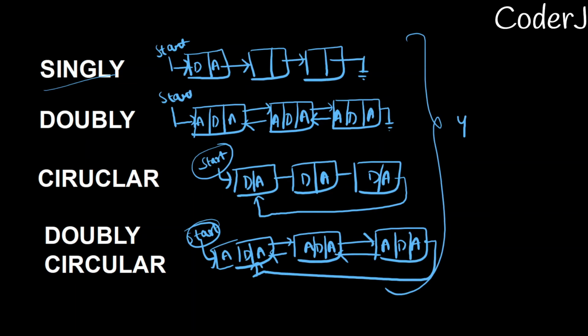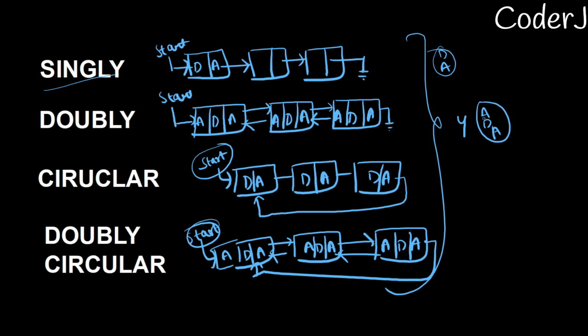Let's take an example. For singly, if you create a structure, let's say in C++, one field is storing the data and one is storing the address. This is your singly linked list. In doubly, you only need to create an extra address field. This is your complete logic of doubly.